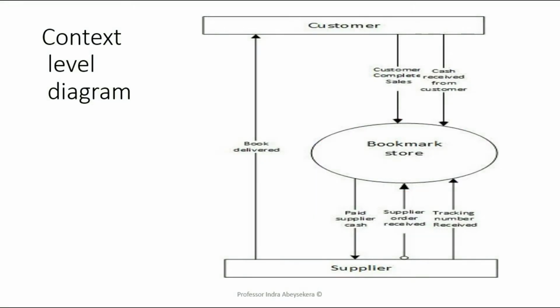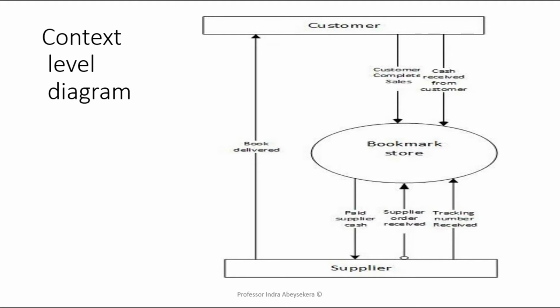Once we have shown the external entities and the information system in focus, we can then show the activities in relation to the external entities and the company. So that's what we have done here.